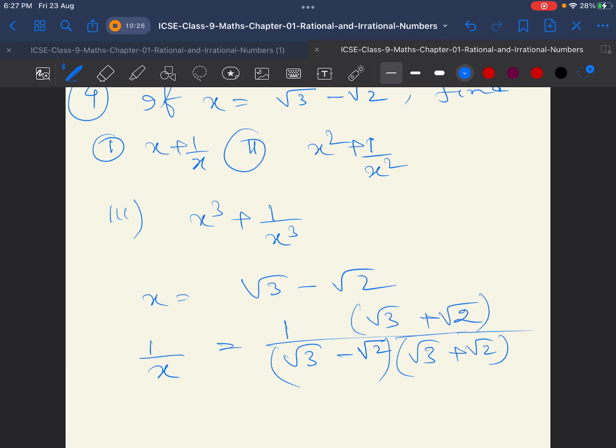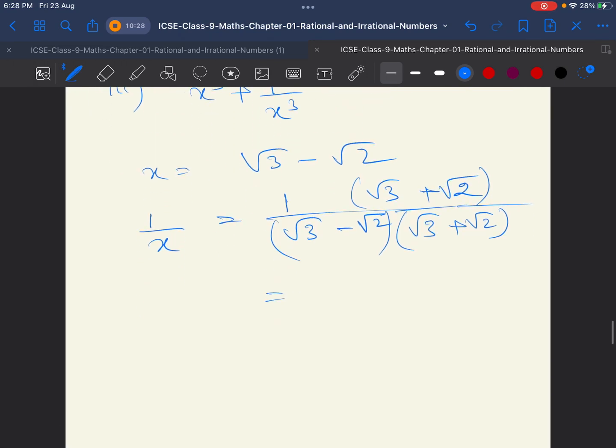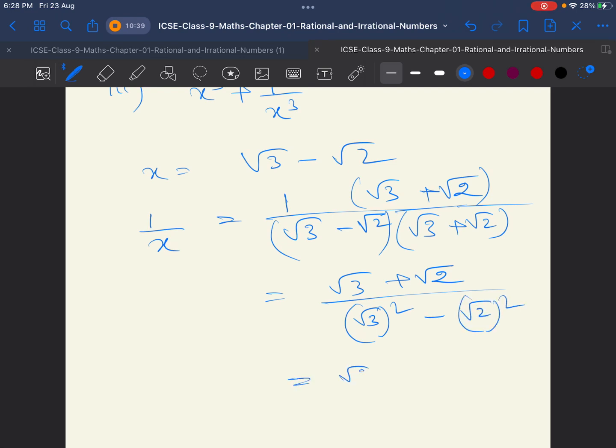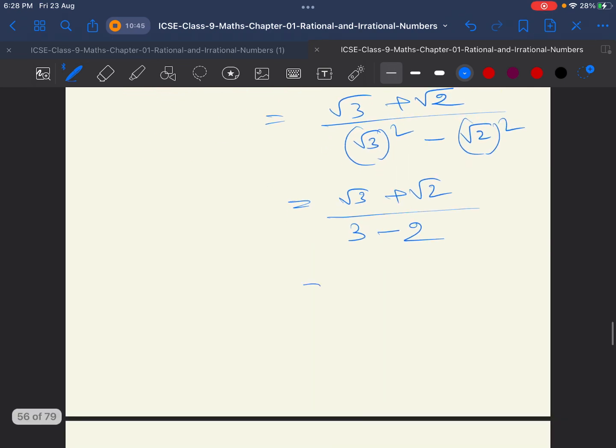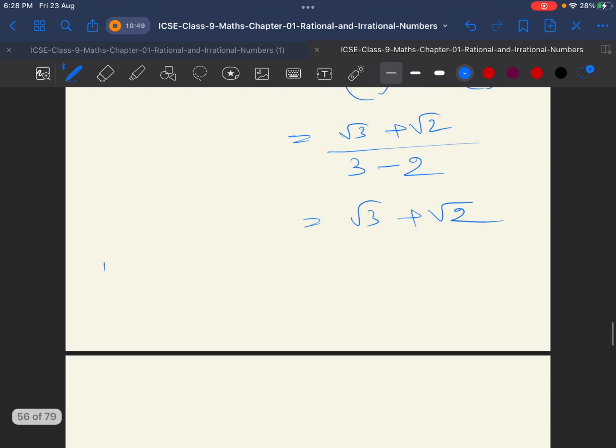We multiply root 3 plus root 2 in the numerator, and also multiply root 3 plus root 2 in the denominator. So a minus b times a plus b, this is root 3 square minus root 2 square, which is 3 minus 2, giving root 3 plus root 2.